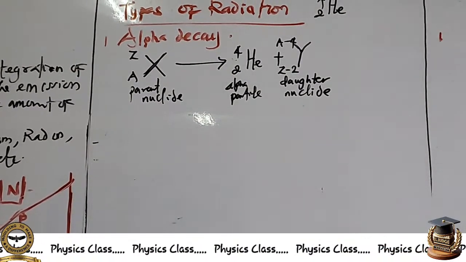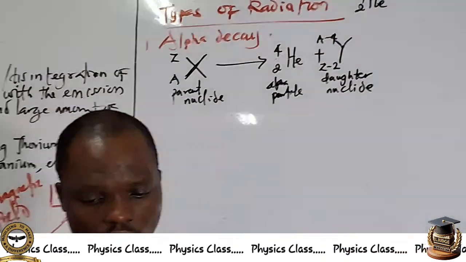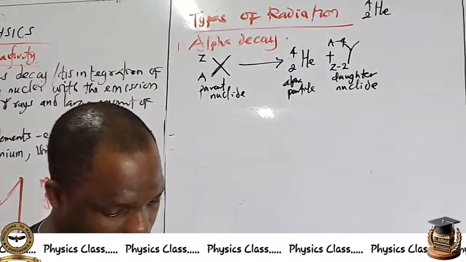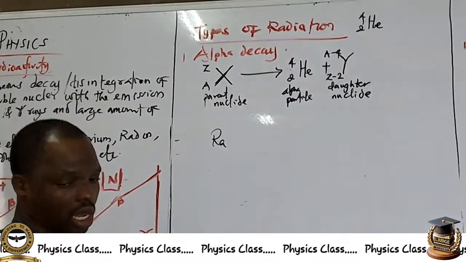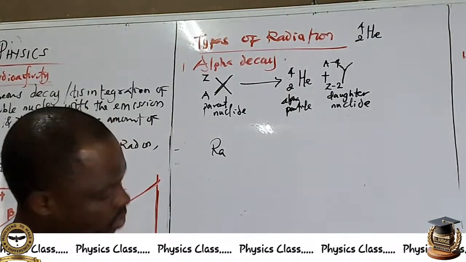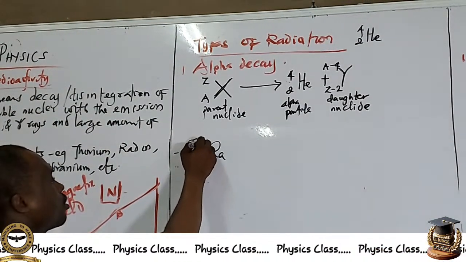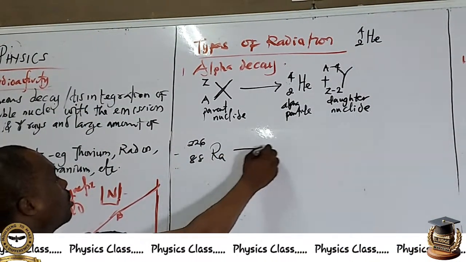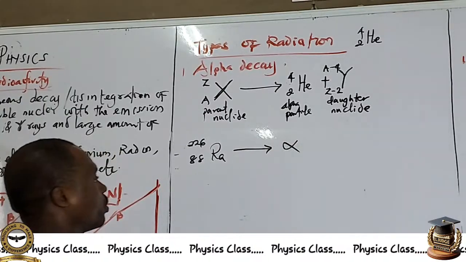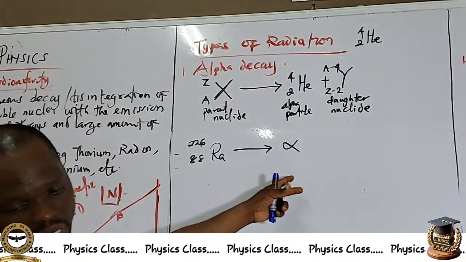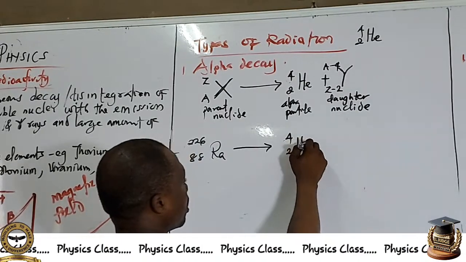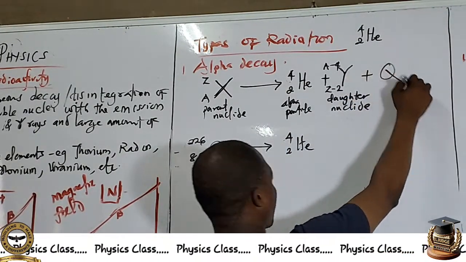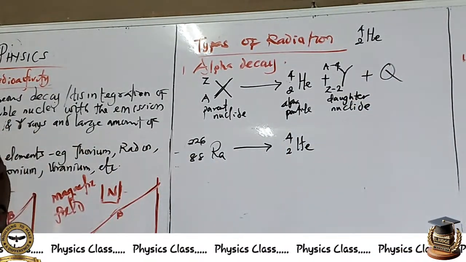If we have an example of this, let's look at radium 226 88, decaying by alpha particle, or let us just write it as 4 2 He. Please remember there is always emission of heat in this case.